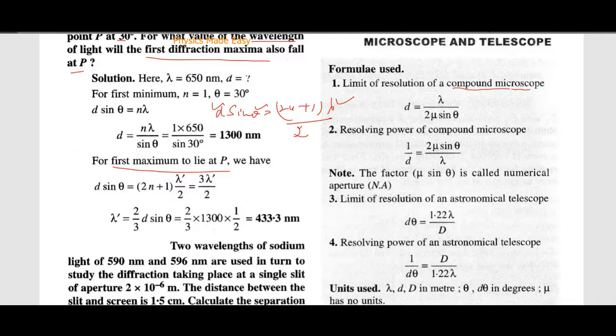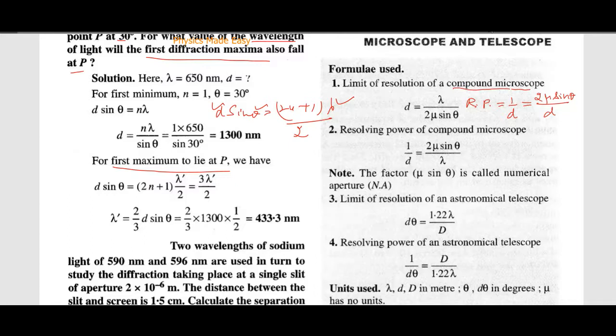Now limit of resolution is d. Resolving power Rp is 1 by d, and this will be equal to 2 mu sine theta by lambda.